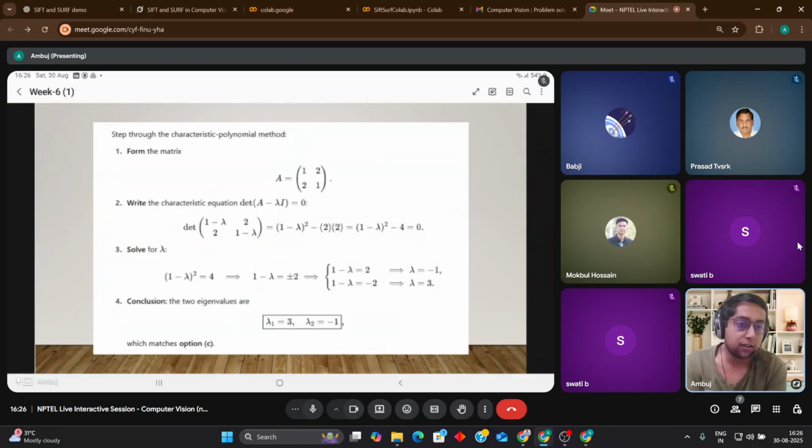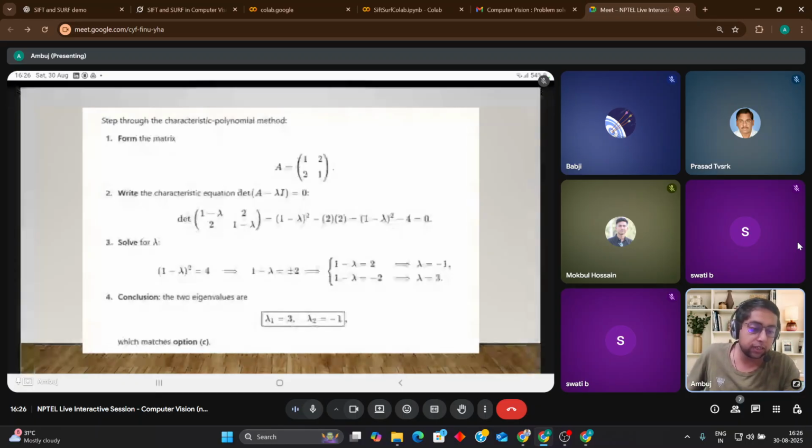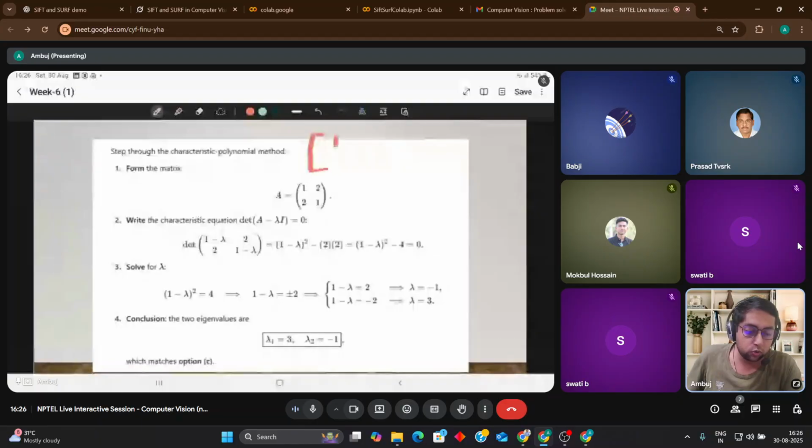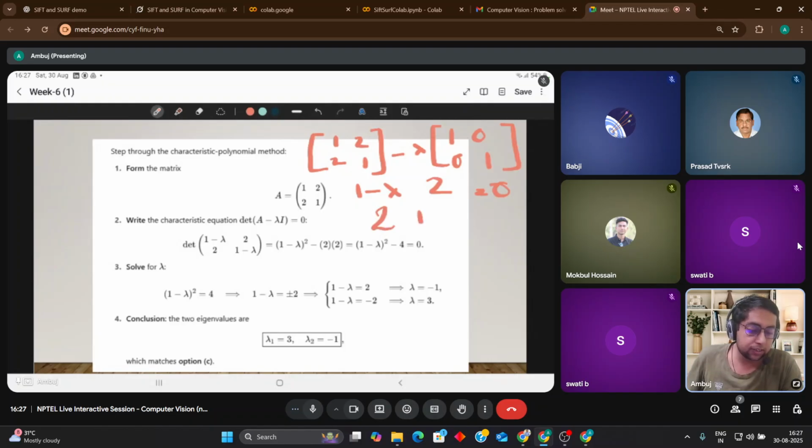I subtract lambda I, the identity matrix of the same order. So A minus lambda I is [1 2; 2 1] minus lambda times the identity, which gives [1 minus lambda, 2; 2, 1 minus lambda], and its determinant should be equal to 0.